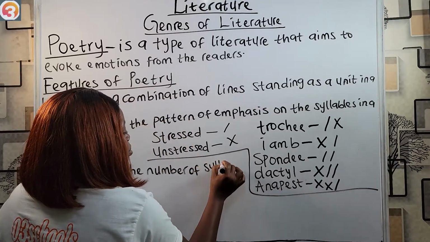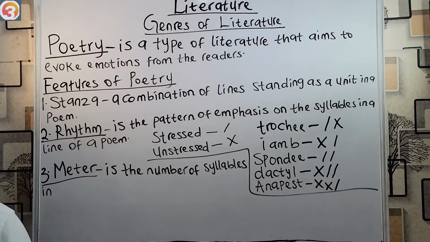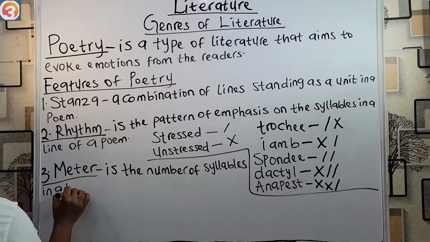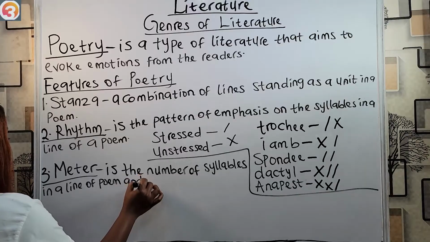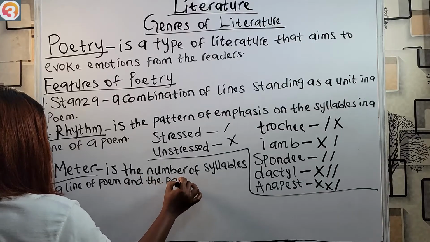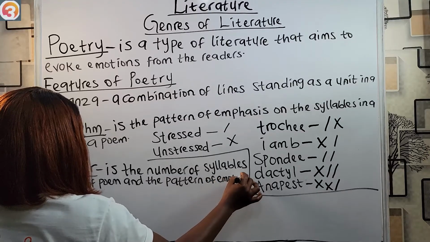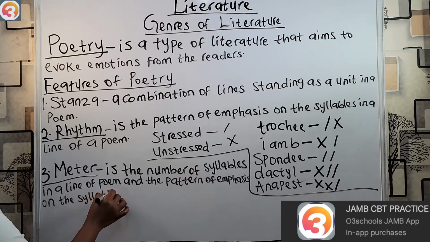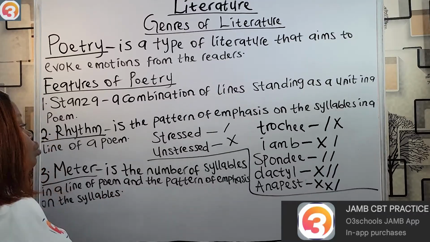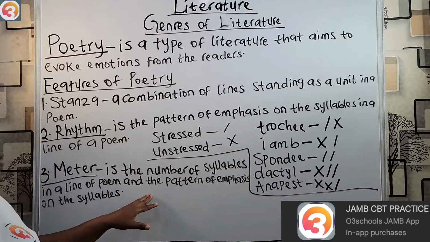It is the number of syllables in a line of poem and the pattern of emphasis on the syllables. So rhythm has to do with just the pattern of emphasis, but for meter, we're talking about the number of syllables as well as the pattern.